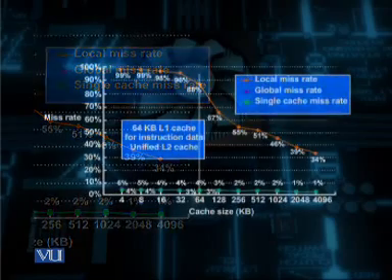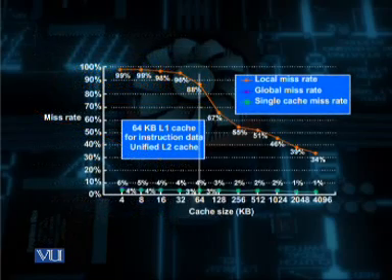The local cache plot here to the left of the blue line shows that cache sizes less than 64K byte have very high miss rate, which ranges from 88% to 98%, whereas the miss rate rapidly reduces for cache sizes greater than 128K byte.